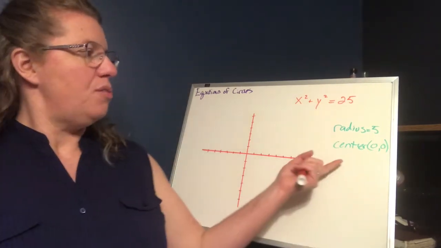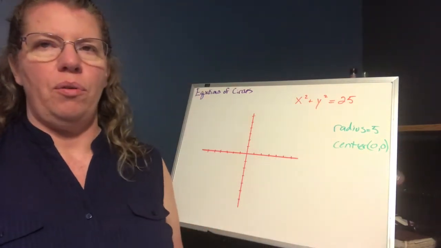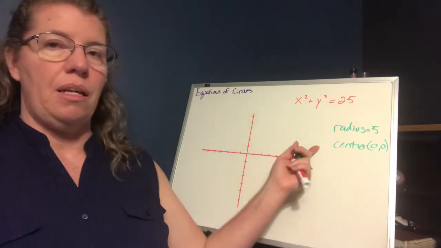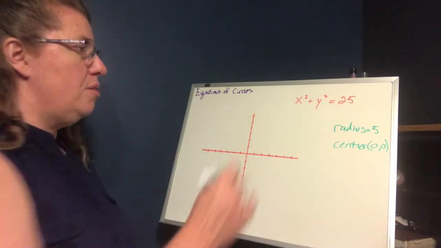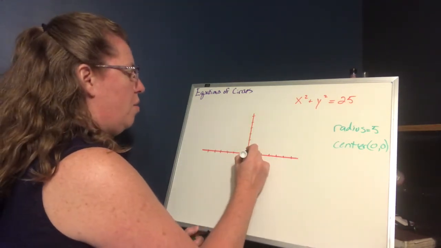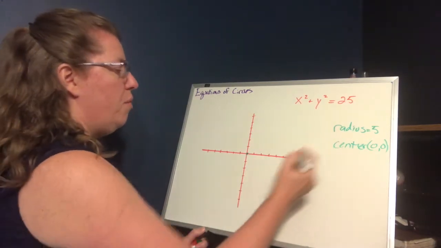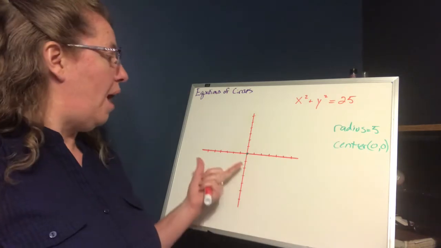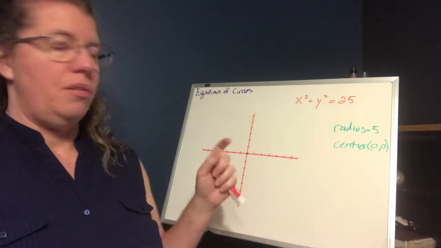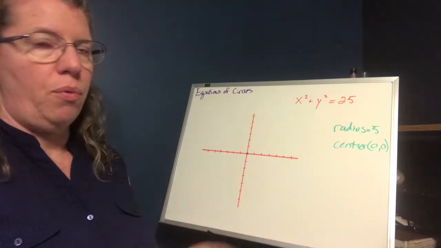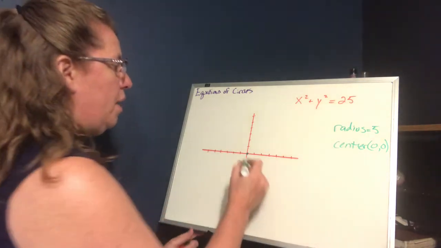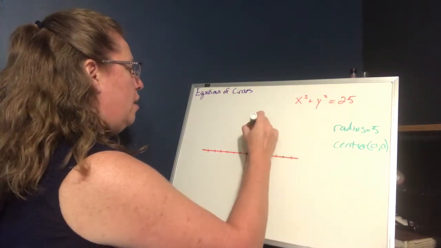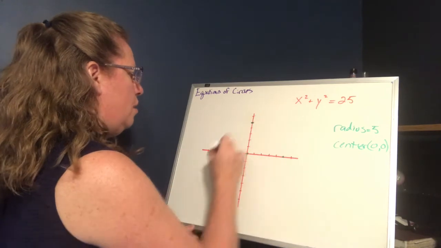Now, these are the only two pieces that you need in order to graph your circle. You need the center and you need the radius. So from here, we know that our center is at 0, 0. Our radius has to be 5. Well, when you graph your circles for me, I want you to not just throw the center and throw a circle around. I want you to actually measure out the radius for me, at least in a few directions.